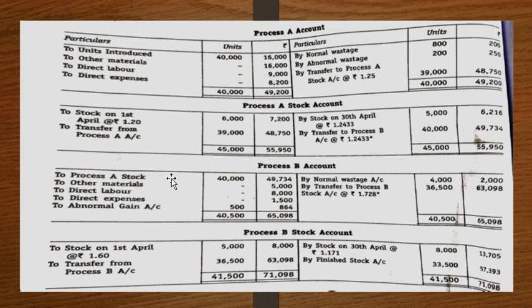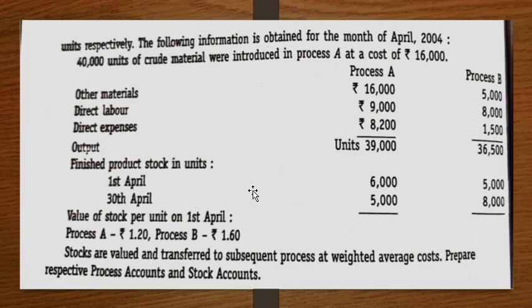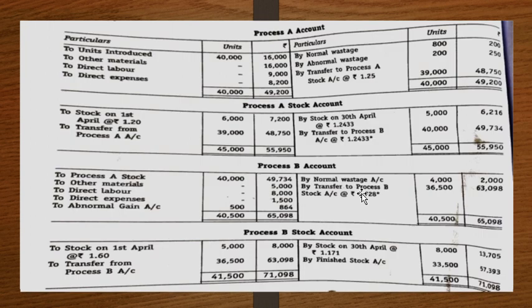To prepare process B's account, we first take the output of process A's stock account, which is 40,000 units and 49,734. Now we take into consideration all the other expenses: material, labor and direct expenses, 5,000, 8,000 and 1,750.